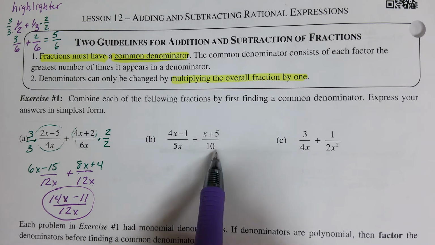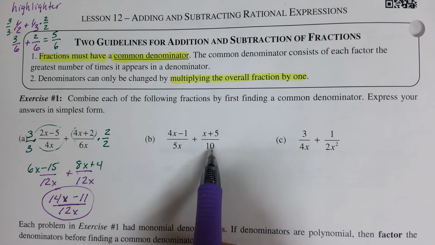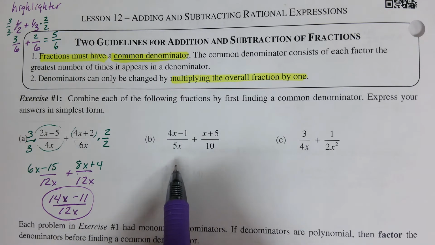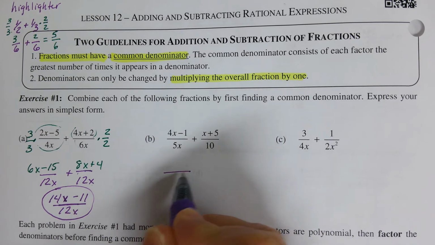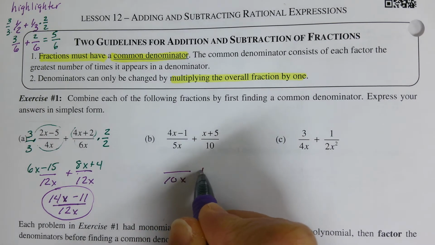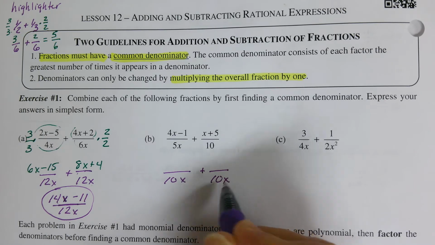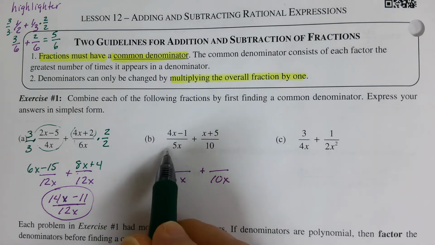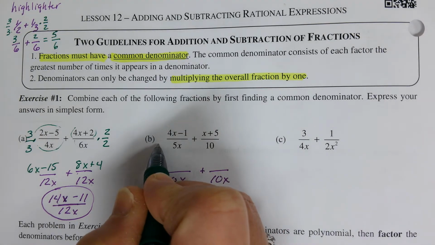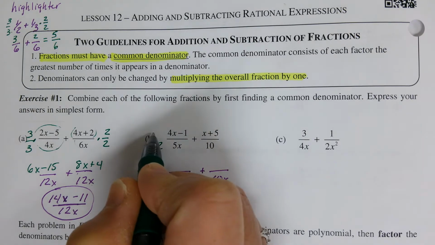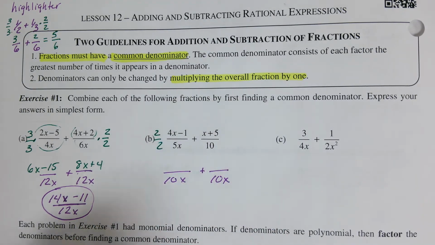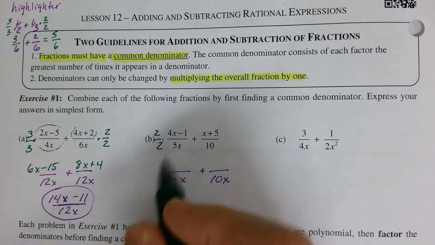We can go right to the denominators, 5x and 10. Well, 5 goes into 10, but we also need an x. So our least common denominator is 10x. We need to multiply 5x by 2 to get 10x, so we're multiplying the entire fraction here by 1 in the form of 2/2.